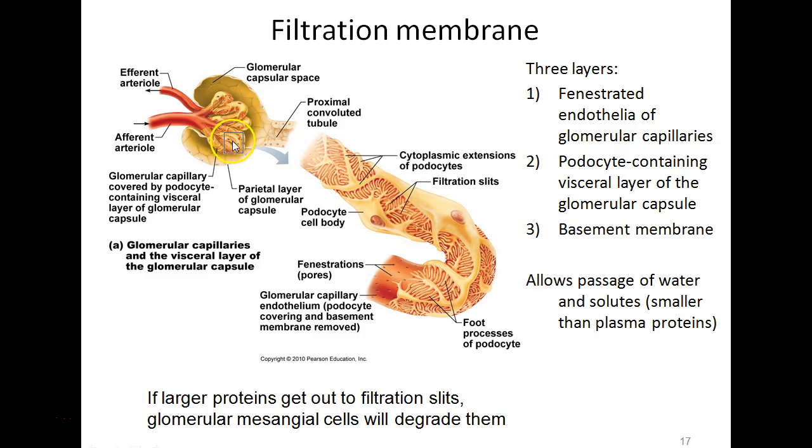In this diagram, we're going more in depth into what's happening at these capillaries. And we see on the capillaries, we have specialized structures. We have podocytes on these capillaries, and we have fenestrated endothelia. Fenestrated means it has sort of pores to it.